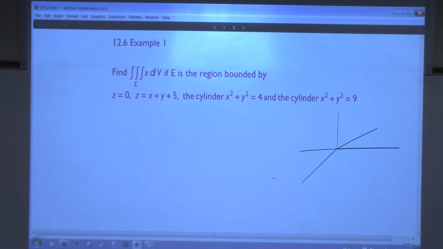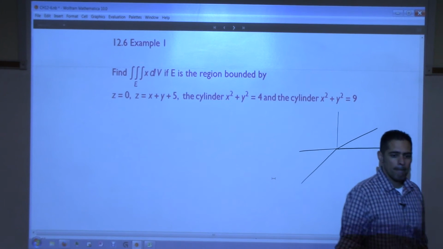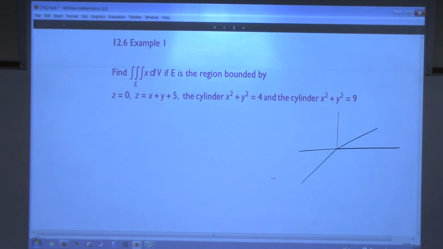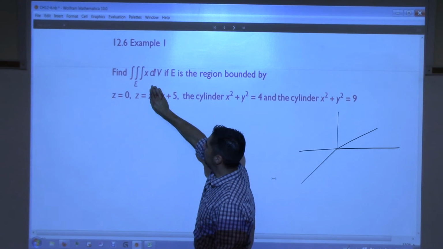z equals x plus y plus 5. What is that? It's a surface. What kind of surface? It's a plane, right? If x and y are 0, z is 5.